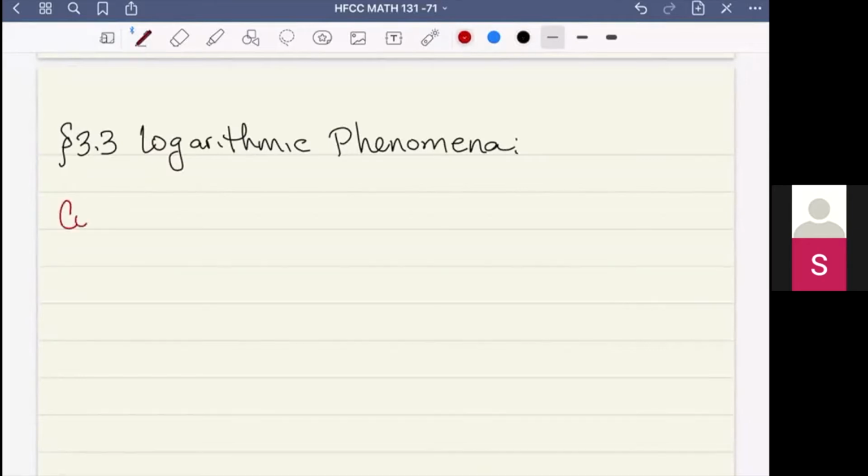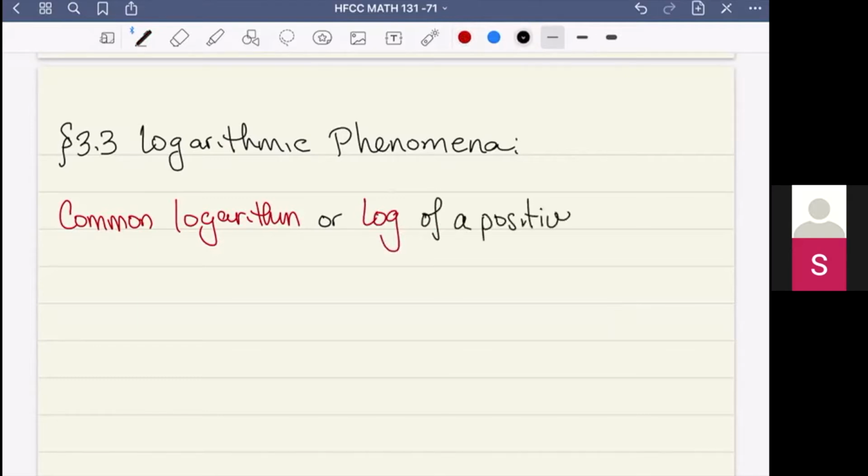So a common logarithm, or log, as we all know it, of a positive number, let's call it x, is written as log of x.